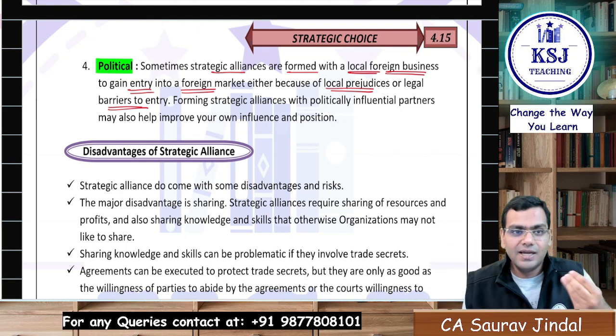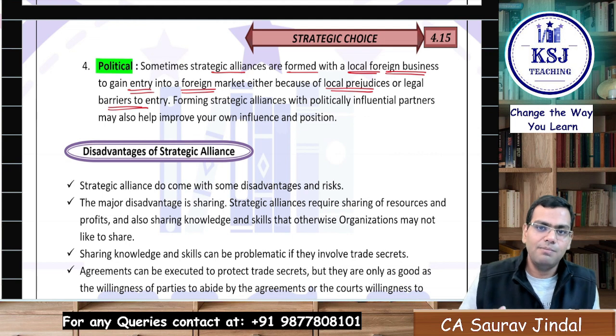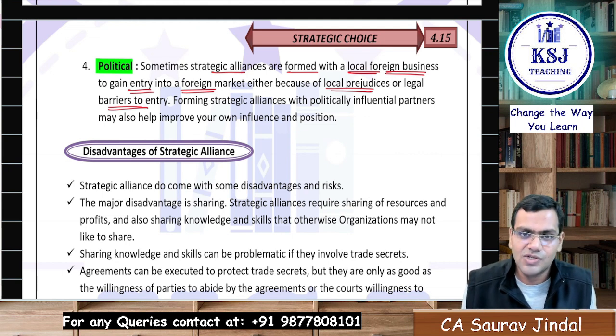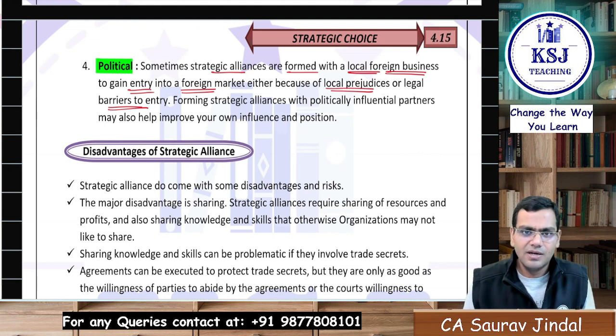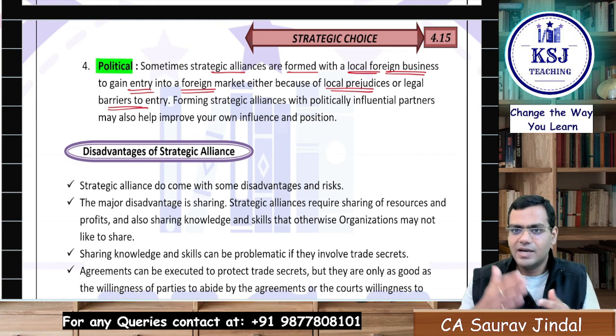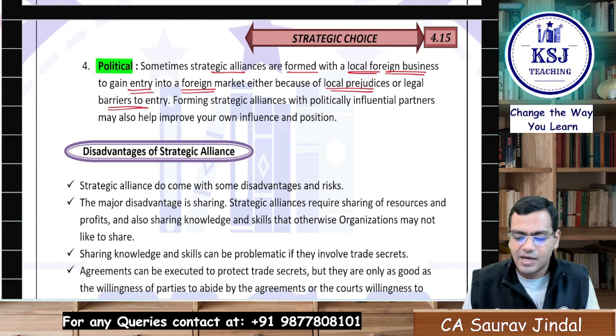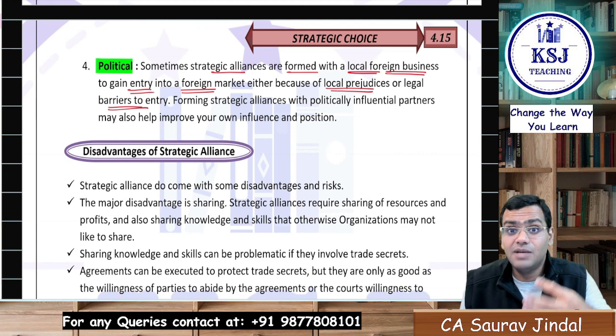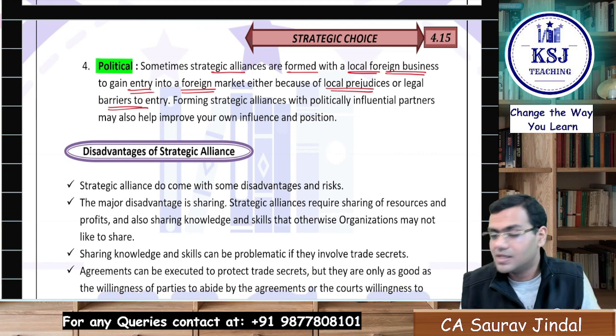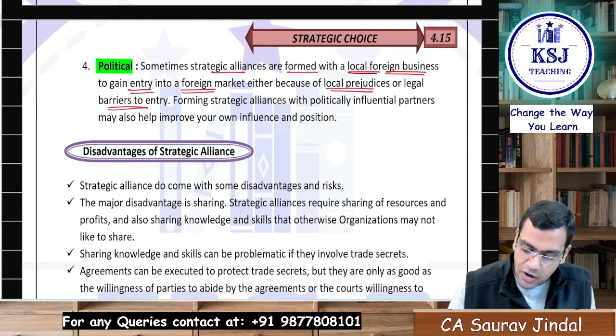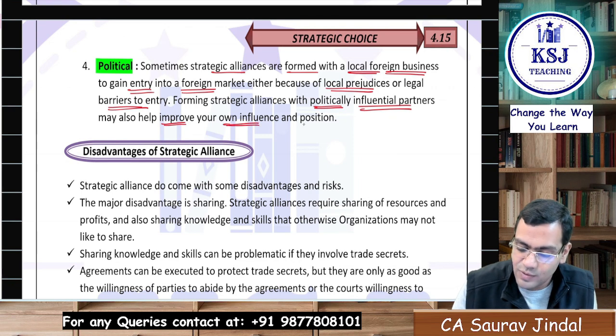Right? If the monitor manufacturer is from abroad and you are a computer manufacturer sitting here, you say, let's do it together, let's bundle our product and let's sell in the USA. Right? Now this is a strategy by which you can sell your computers in the USA. Forming strategic alliances with politically influential partners may also help improve your own influence and position.